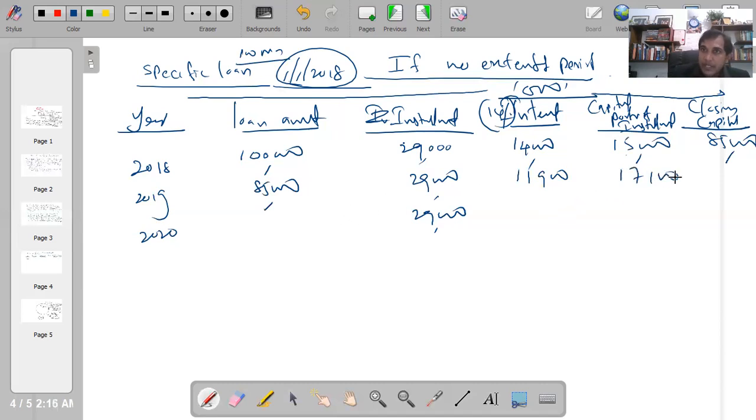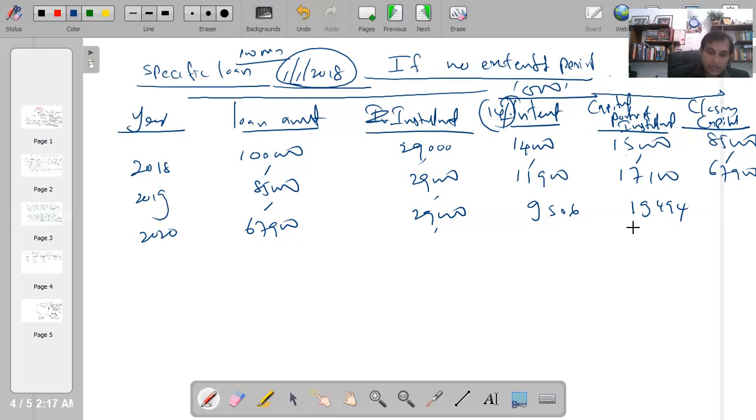You need to deduct 17,100 from 85,000, then you will be getting 67,900. So 67,900 applied 14%, then you will be getting 9,506. Then that amount should be deducted from 29,000, then you will be getting 19,494.